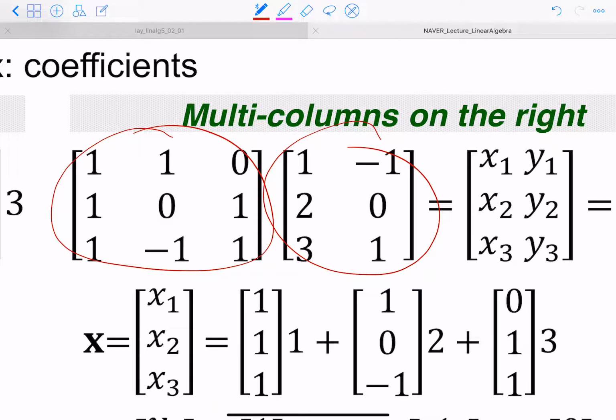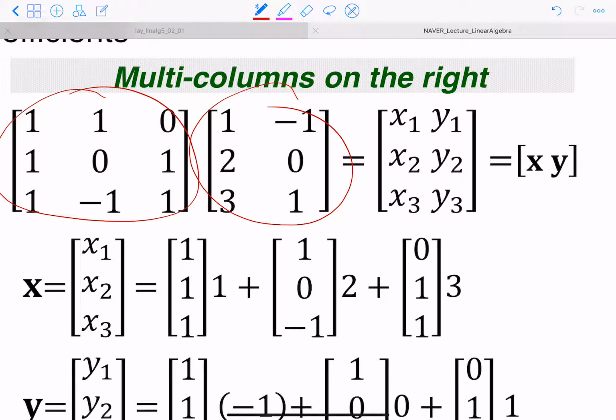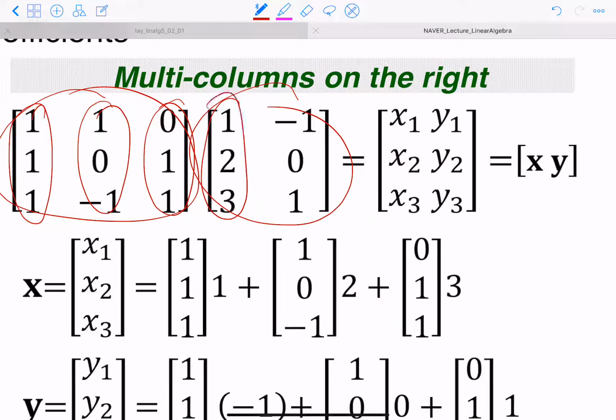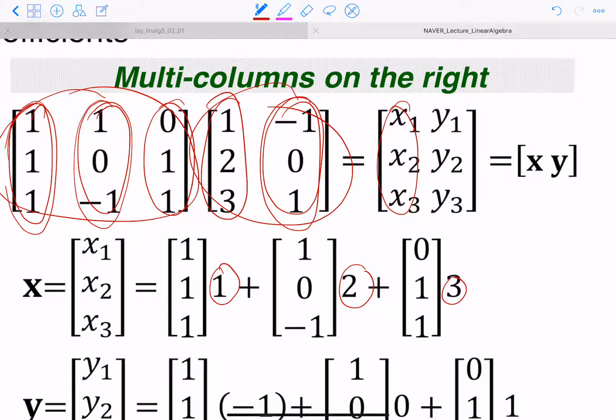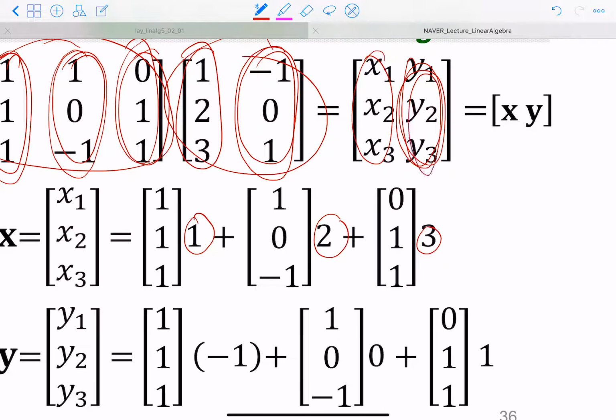Applying the column combination perspective, we use this common set of base vectors, and the first column of the right matrix will provide its own linear combination coefficients, right? That way we form the first column, and by using the second column as a new set of linear combination coefficients with the same base vectors, we form the second column, right?